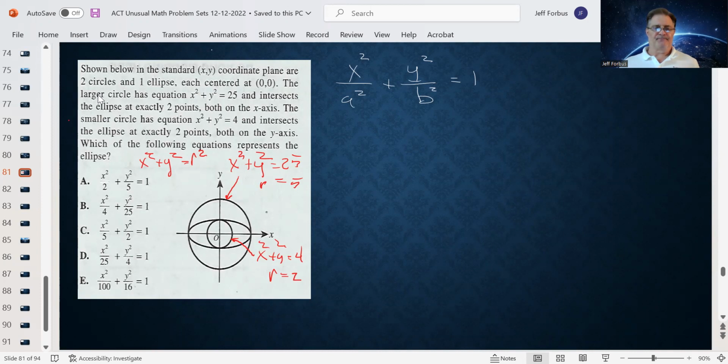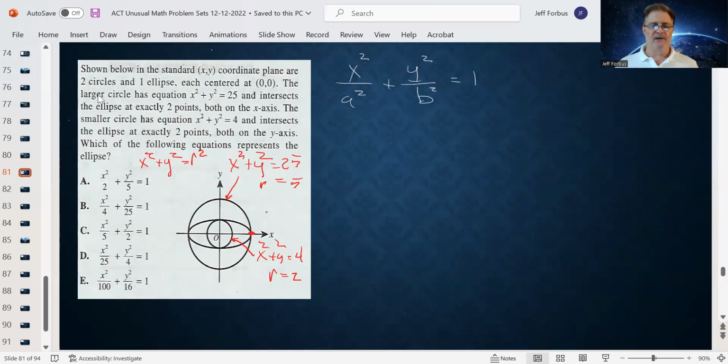All right. Now it says, the small circle has an equation x squared plus y squared equal to 4 and intersects the ellipse at exactly 2 points. Okay, there's some more things you need to know. Very important points. The ellipse is stretched out around the x-axis. So let me show you these points.